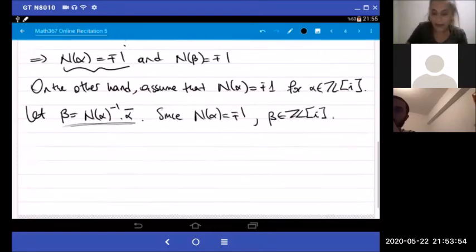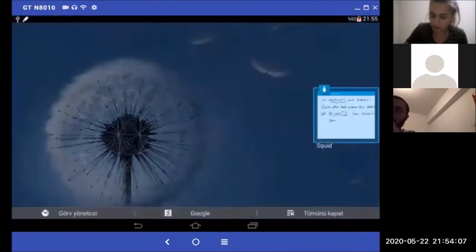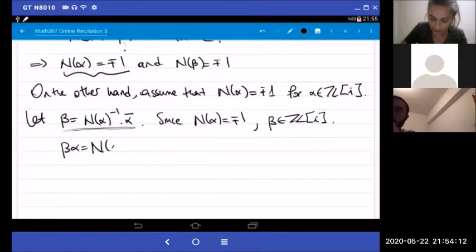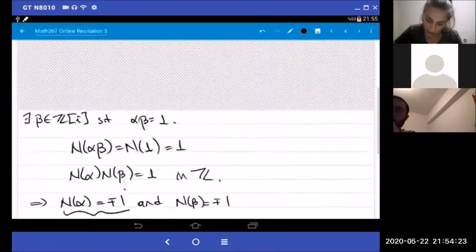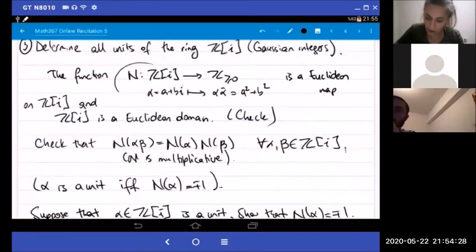So beta is in Zi. And if you multiply alpha and beta to show that beta is actually the inverse of alpha, let us perform the multiplication. Here we have the norm of alpha inverse, alpha conjugate times alpha, and this is nothing but the norm of alpha, right? Because if you remember, the norm is defined as the product of alpha with its conjugate.